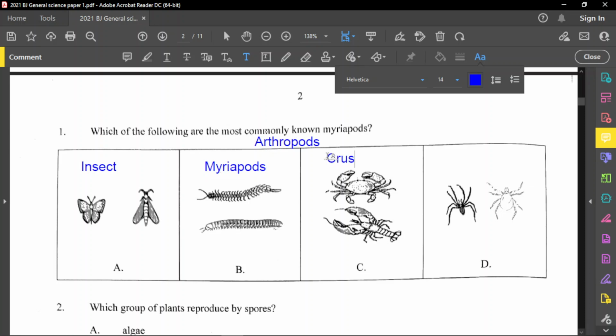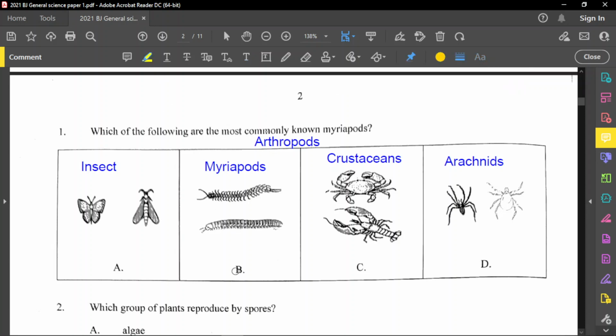And spiders belong to a special group called arachnids. So those 4 groups are the classes of arthropods. And so again, our answer here will have to be A because A is the myriapods.